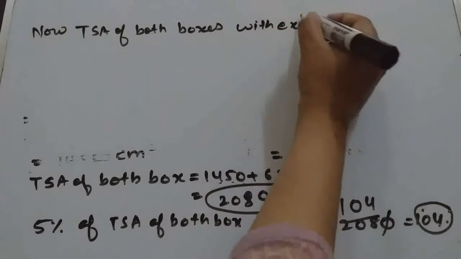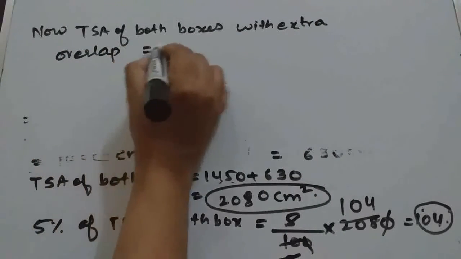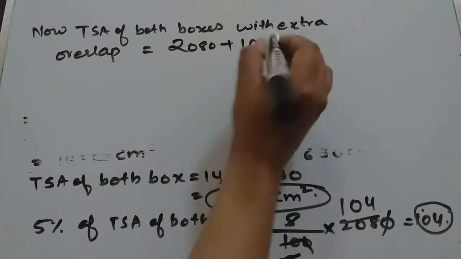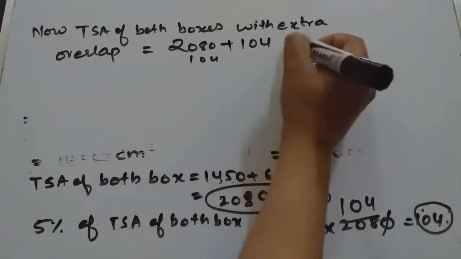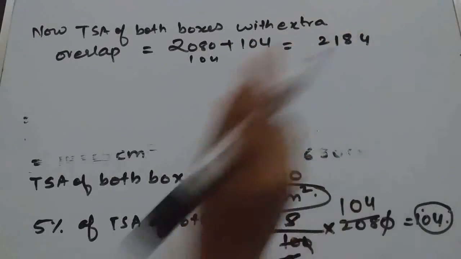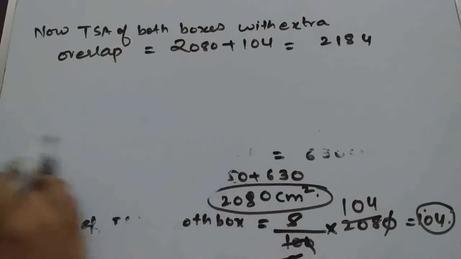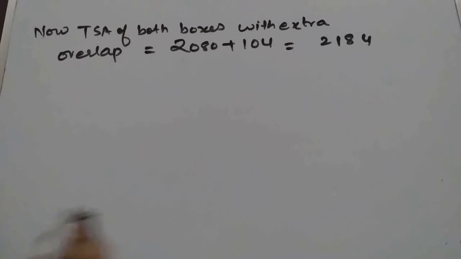So that means with extra overlap it will be 2080 plus 104. So that will give 2184. Now what is the condition given? This is the total surface area of both the boxes after extra overlap.